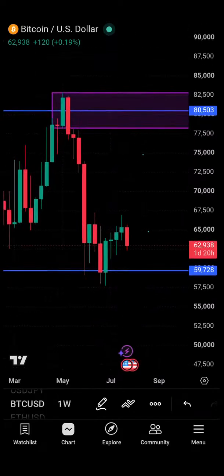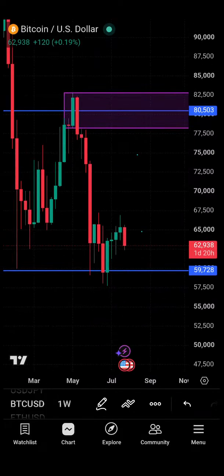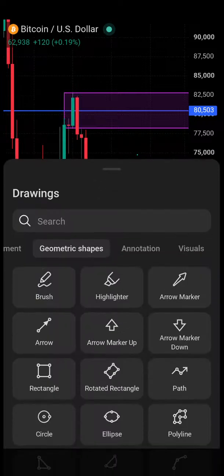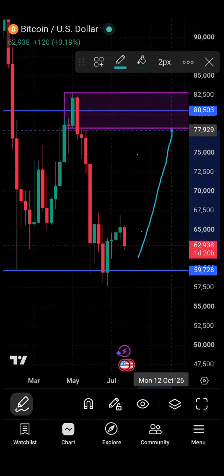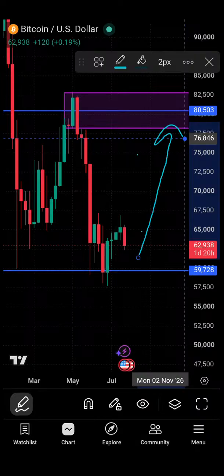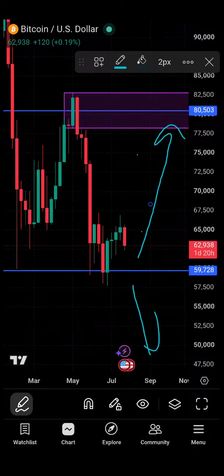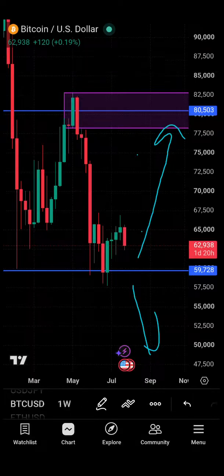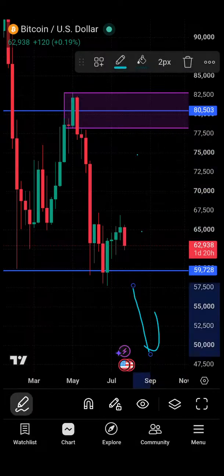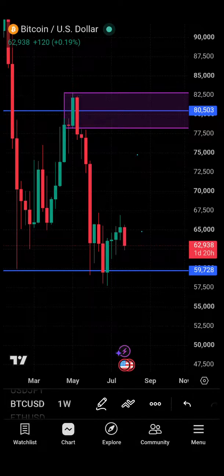We are on the weekly time frame. This is a top-down analysis. Remember, we want to see if Bitcoin is going to continue moving towards the upside, or it's going to drop. So we need to move to the daily time frame. This is a top-down analysis, guys, on Bitcoin.